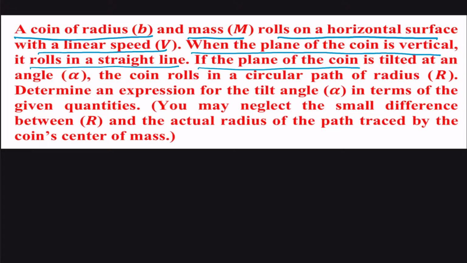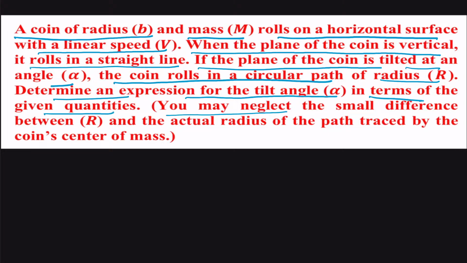If the plane of the coin is tilted at an angle of alpha, the coin rolls in a circular path of radius r. Determine the expression for the tilt angle alpha in terms of the given quantities. You may neglect the small difference between r and the actual radius of path traced by the coin's center of mass.